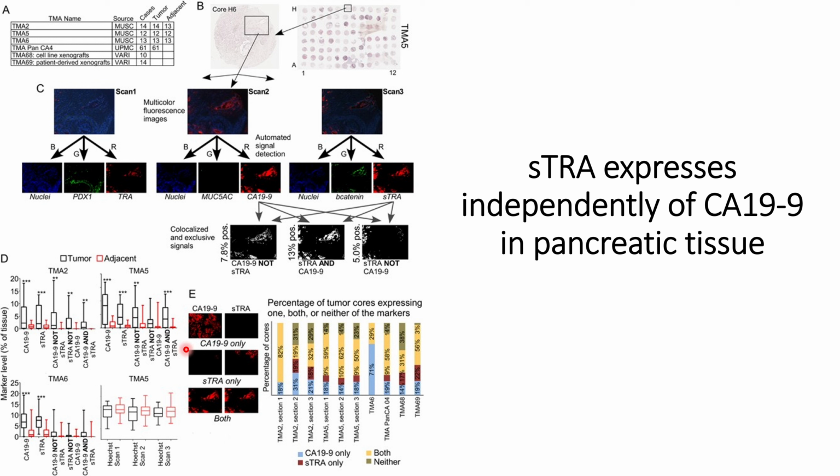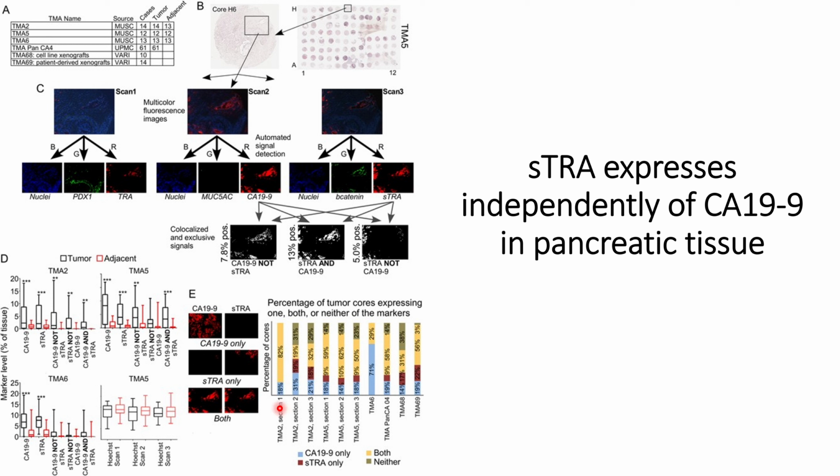Thereafter they checked the percentage of tumor cores expressing either one, both, or neither of the markers. Except for TMA2 section 1, for the other sections there is expression of sTRA only, CA19-9 only, and also both. For section 1 the sTRA expression could not be found.